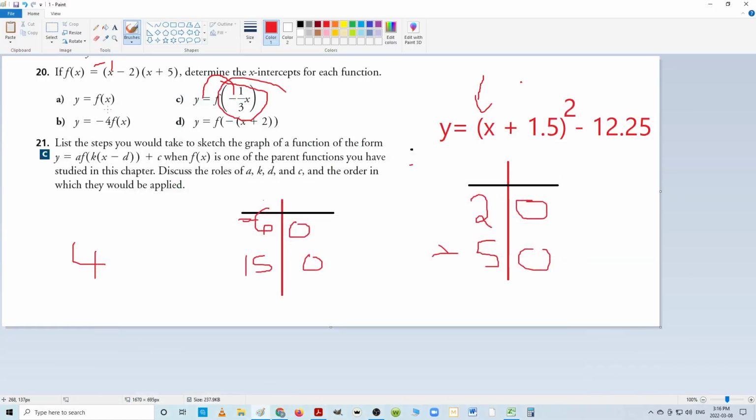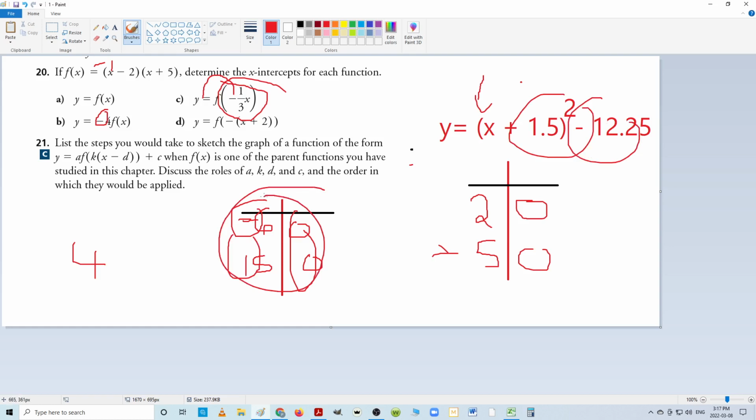Okay, what about this one? This is outside, so I simply multiply all my y values by that. I'm going to get the same roots, but I should really know my vertex, because these just stay the same. So when I multiply my vertex by -4, this whole thing flips upside down, and it becomes positive 24.5, positive 24.5 becomes 49, positive 49.